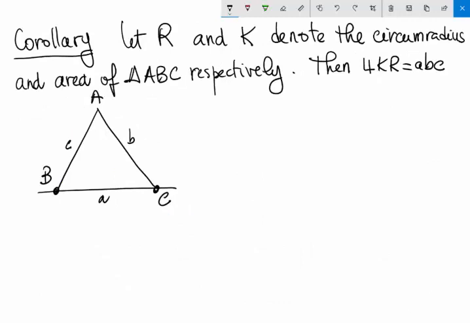Next, let R and K denote the circumradius and area of triangle ABC, respectively. We want to show that 4 times the area of the triangle times the circumradius is actually equal to the product of the lengths of the sides of the triangle ABC. Okay. Now, for our proof, I will consider the height of the triangle corresponding to side BC.